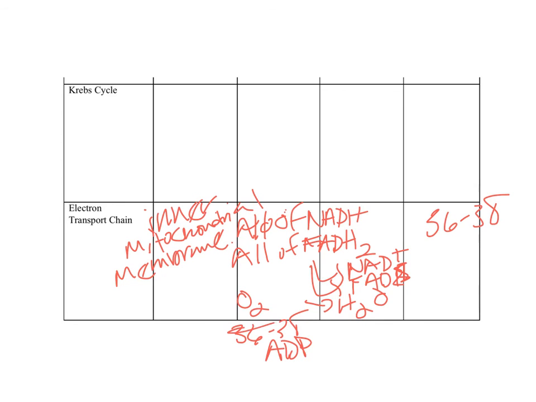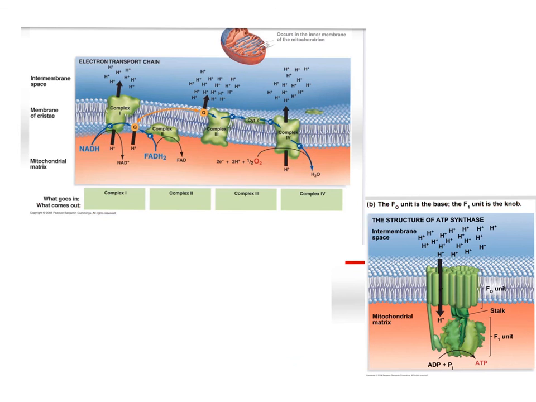Here, actually, we are bringing in 32 to 34 ADP, and we're going to generate ATP from each molecule there. Okay, so we're going to generate 32 to 34 ATP. I'm telling you this ahead of time so that you can look for it, because what I want you to remember is the point here is to generate a bunch of ATP. Okay, and what you can see is we generate a lot of ATP here.